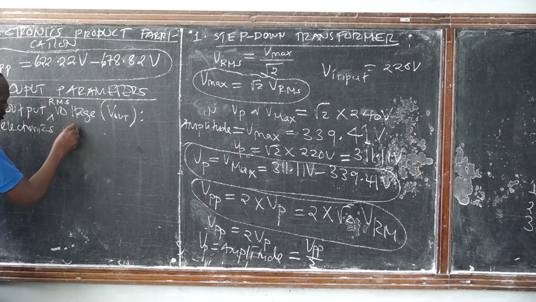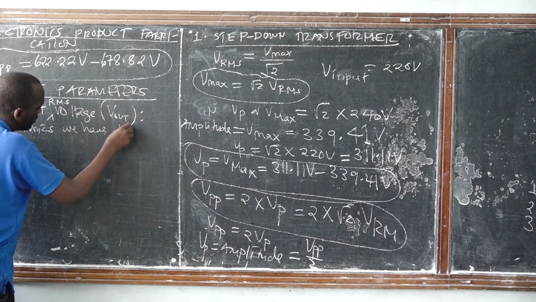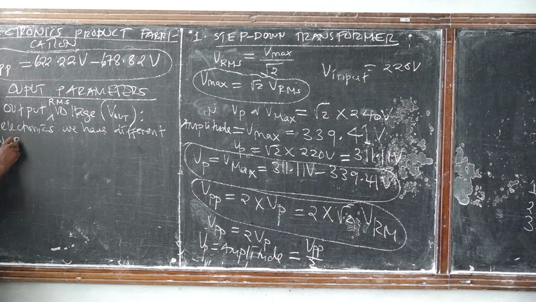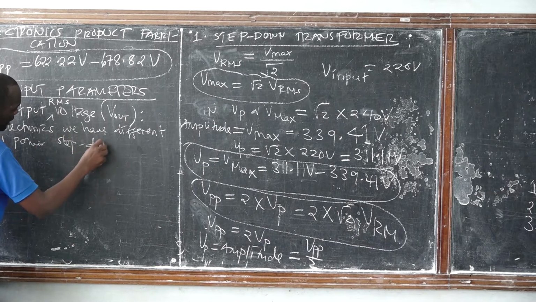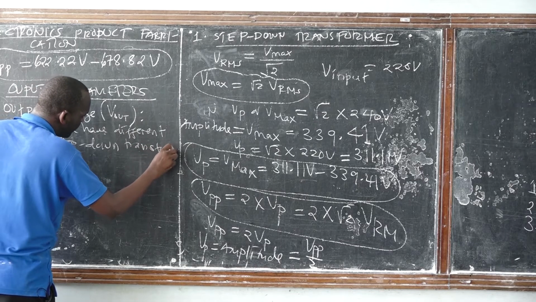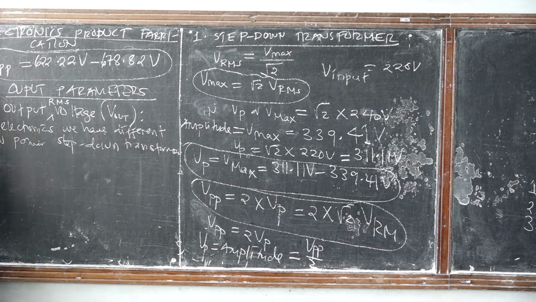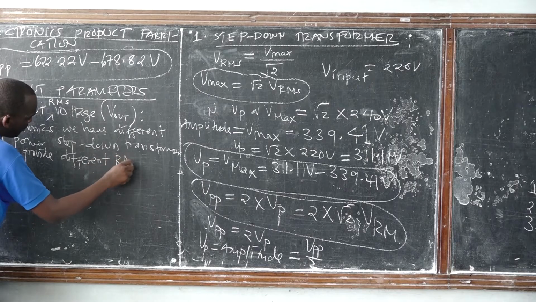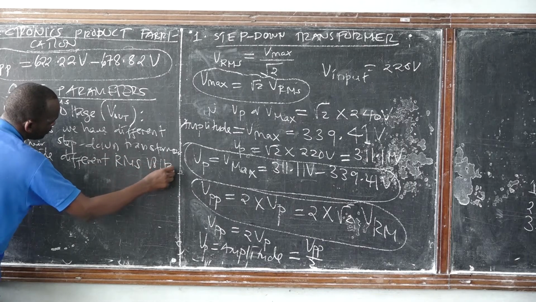In electronics, we have different low power step down transformers that provide different root mean square voltages.